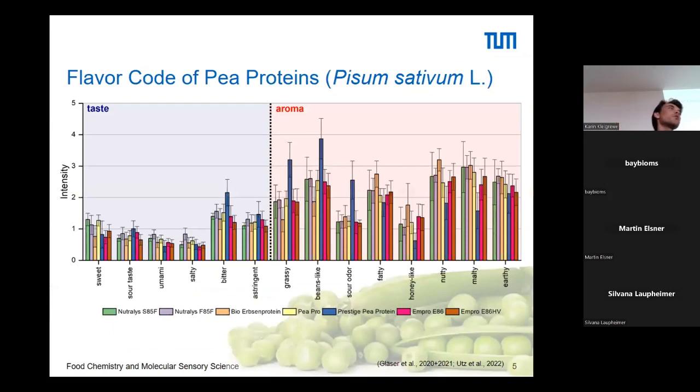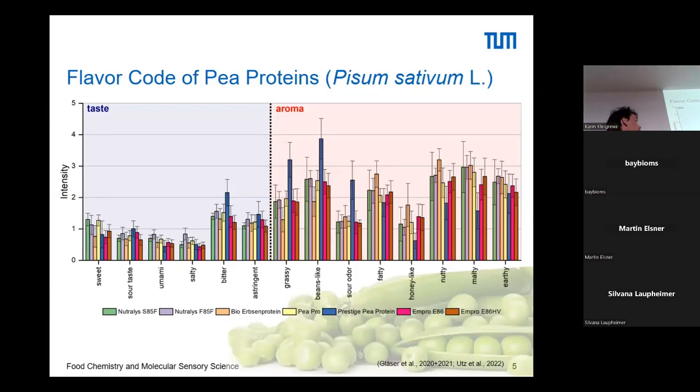As a first experiment regarding these alternative proteins and the P proteins, we started with comparative flavor profile analysis. The results you can see in these bar charts. We got a lot of different commercially available P proteins around Europe, and did this comparative flavor profile analysis. You can see the taste on the left side, and the aroma part on the right side.